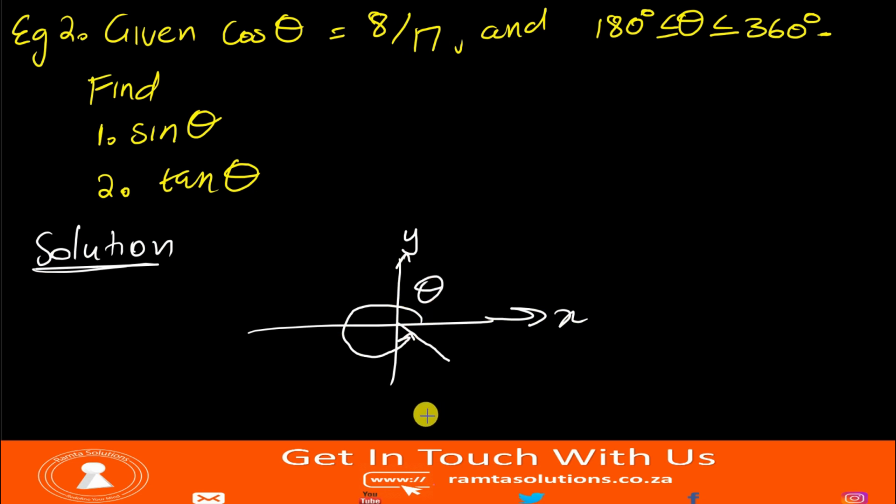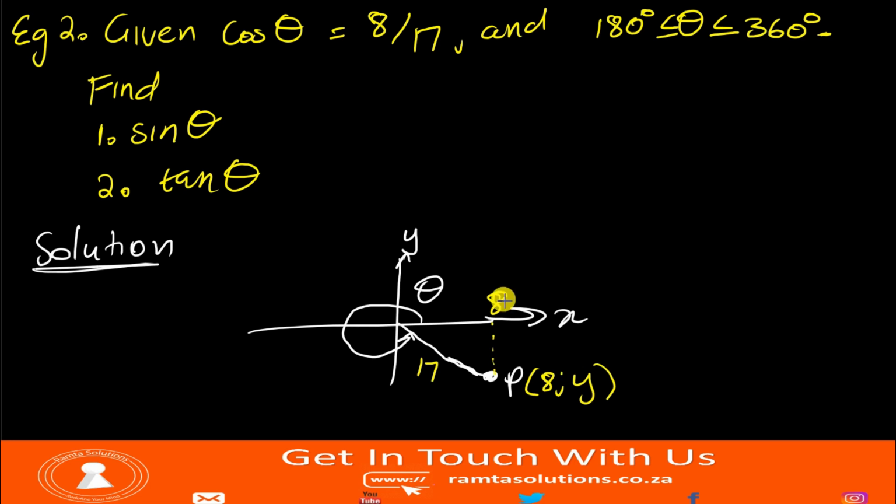This was angle theta, right? All I know is that the hypotenuse was 17, and because it's cosine, adjacent over hypotenuse, the adjacent is 8, and I do not know what the y value is. Can you see that? So this is me now trying to represent this into a diagram.